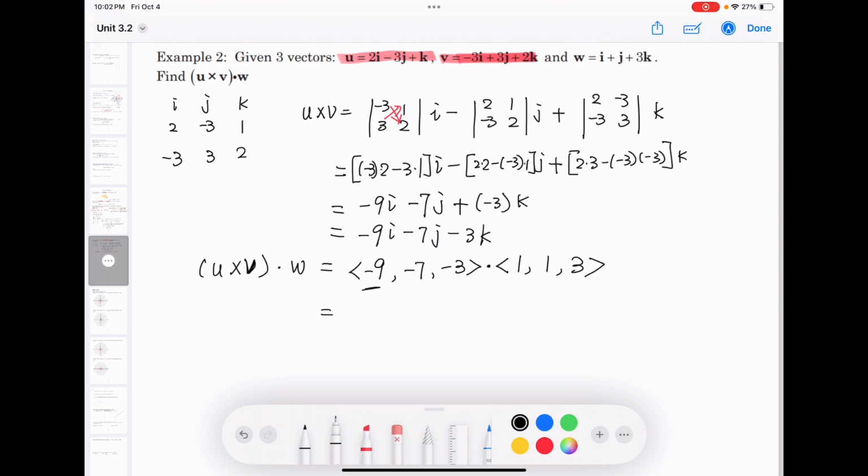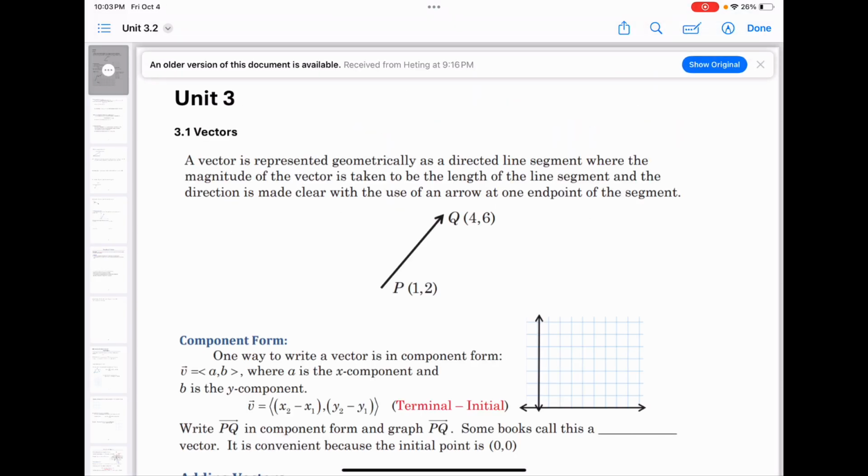So we're using a sub 1 times a sub 2 plus b sub 1 times b sub 2 plus c sub 1 times c sub 2. So -9 times 1 plus -7 times 1 plus -3 times 3. Okay, let's do the computation. We're having -9 minus 7 minus 9. So we have -16 minus 9, which is -25. So the solution is -25.